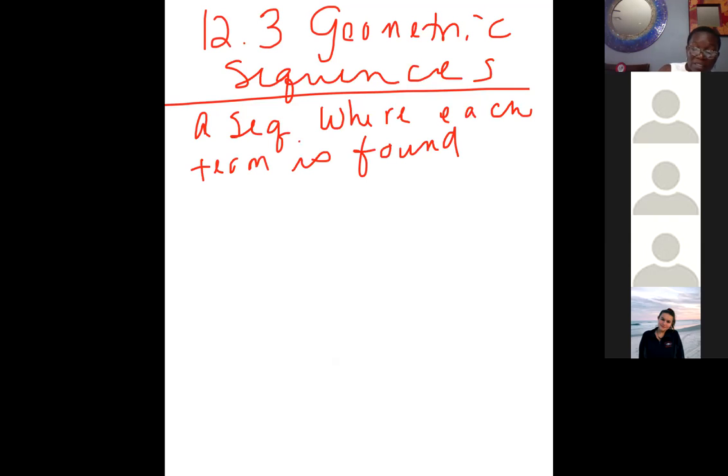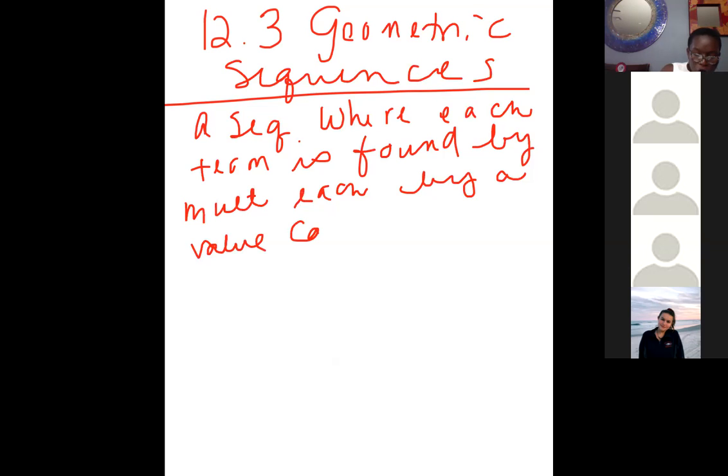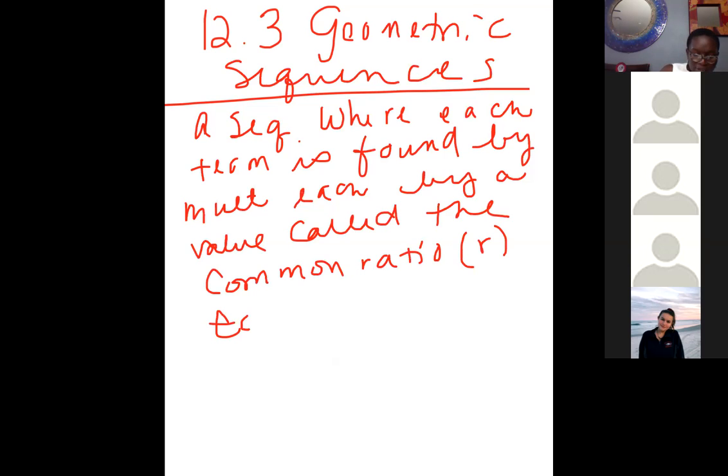So a sequence where each term is found by multiplying each term by a value called the common ratio, and we'll use R for the common ratio to find the next term in that sequence.